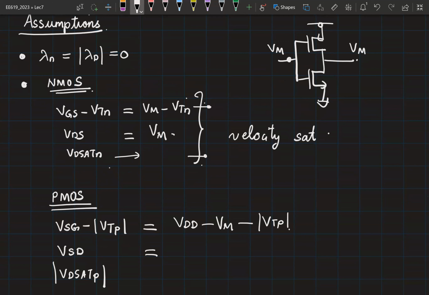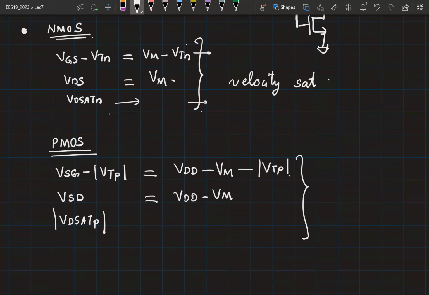VSD, right, this is VDD minus VM. So again, of the three values, the minimum value could be either VD sat P or VSG minus mod VTP. We are starting with a short channel inverter. So we will assume that VD sat P is the minimum value, and therefore PMOS is also in velocity saturation.